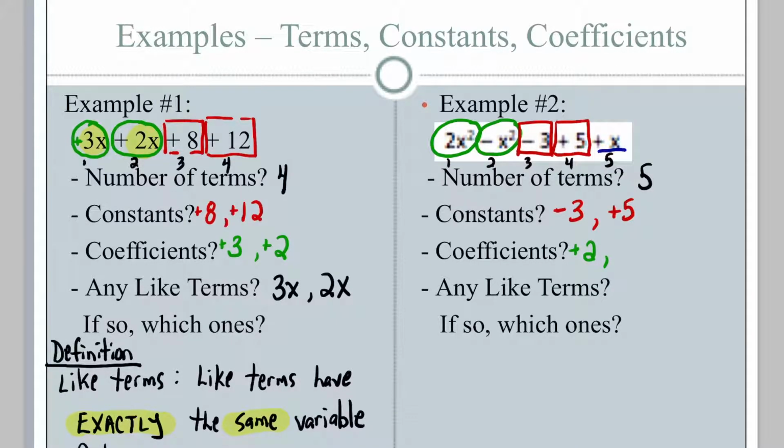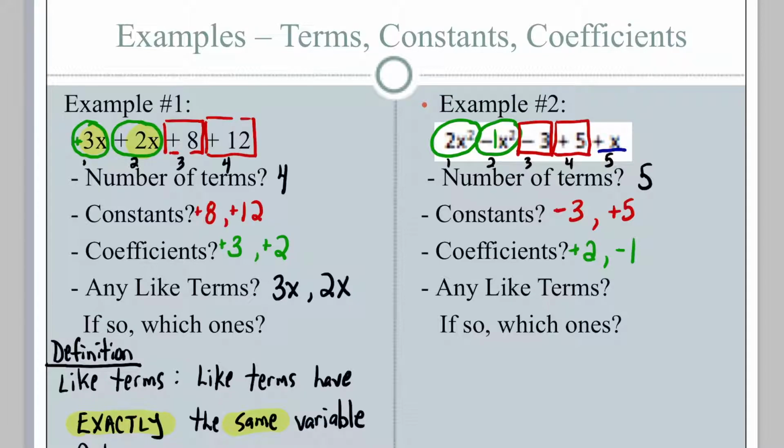And now look at this in front of the -x squared. There's not a number explicitly written there. So what we can conclude is that there is a 1 in front of that x squared. So one of the coefficients is a -1. That's an easy one to miss if you're not really looking closely.